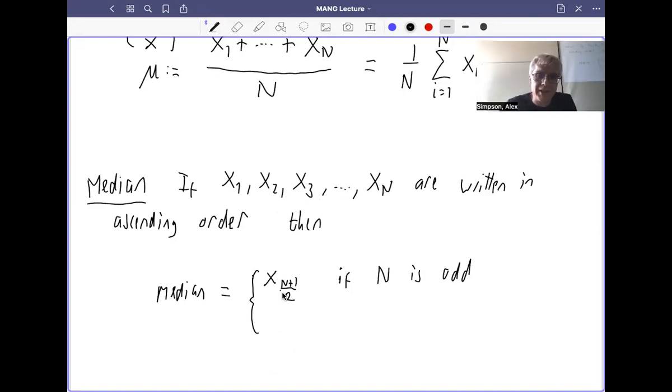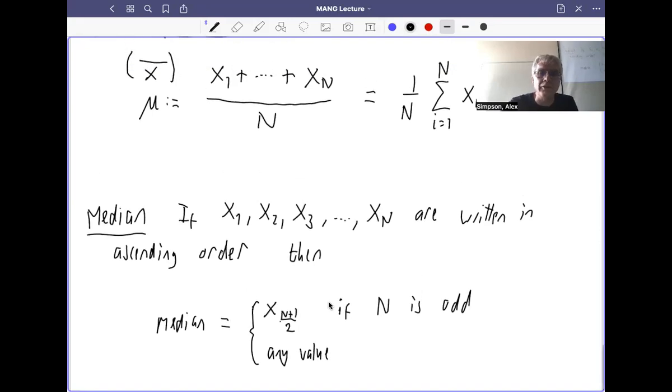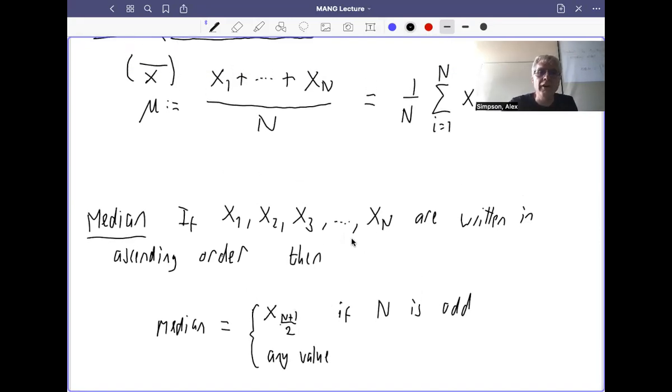And people define it differently if n is even. If n were 4, then we would have x2 and x3 as the two most central values, and they might not be the same.